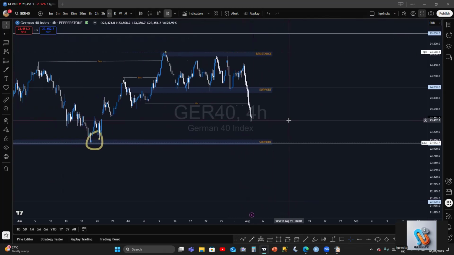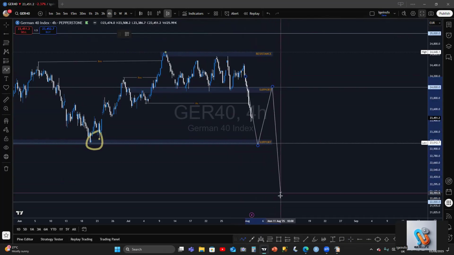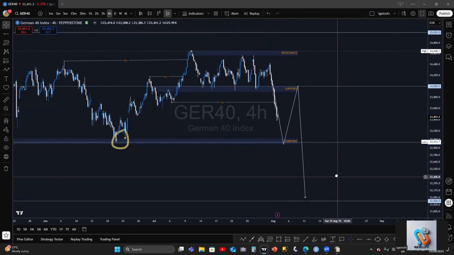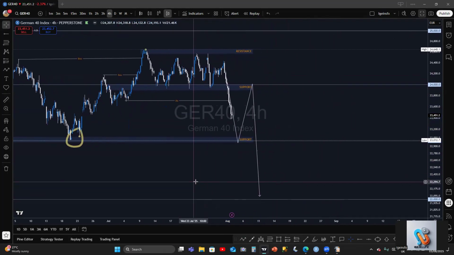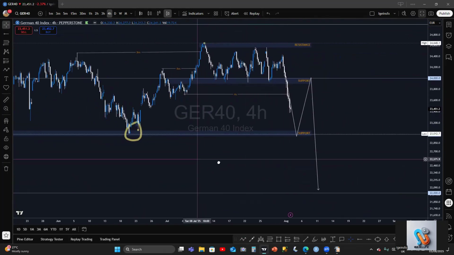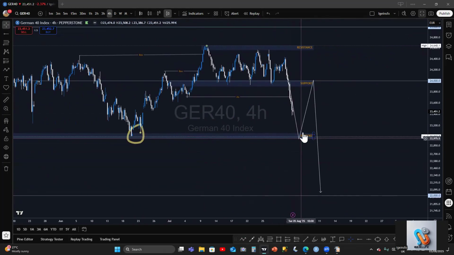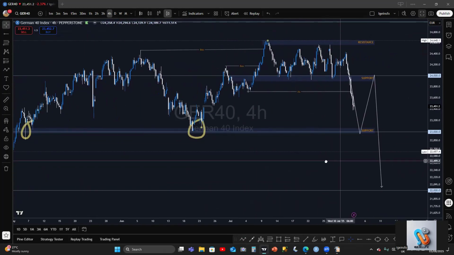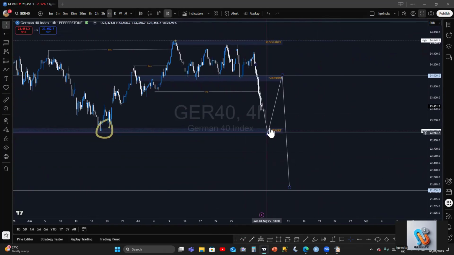Now that it has broken out of the range, we should be expecting a pullback to the range to retest, then another drop. So all things being equal, we are just going to watch. We don't control the market, but we are optimistic that once price gets to this point, there will definitely be a reaction.